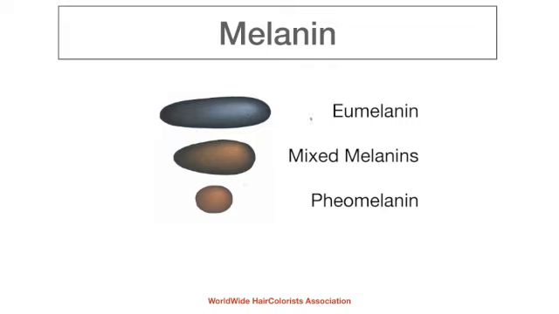If you have both eumelanin and pheomelanin in your hair, then you have a granule that's called a mixed melanin granule. And if you have only pheomelanin in your hair, you're a very, very bright blonde or redhead, then it's shaped like this. Notice also the size differential between them.